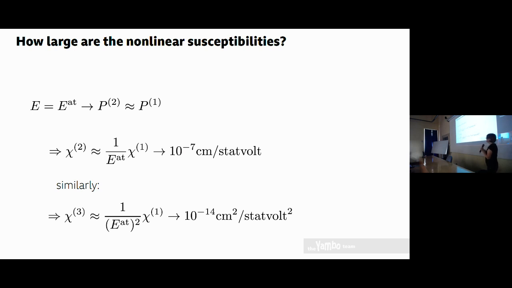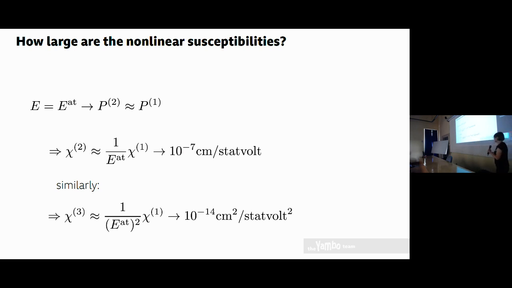The first order susceptibility is of the order of unity, and this field is 10 to the 7 statvolt per centimeter. So typically, out of resonance, the second order susceptibility will be 7 orders of magnitude smaller than the first order. Then you can repeat the same reasoning for the next order, and each order will be, out of resonance, 7 orders of magnitude smaller. So with weak fields, we have actually very small quantities.